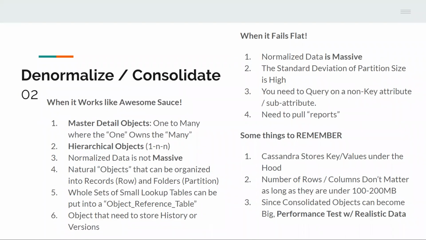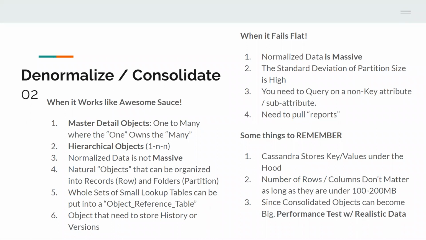Another approach, it goes well with lift and shift in that you can't lift and shift everything. You have to eventually normalize or consolidate. So if you have master detail objects, right, where one to many is basically one owns the many rows, you can make that into one big partition.